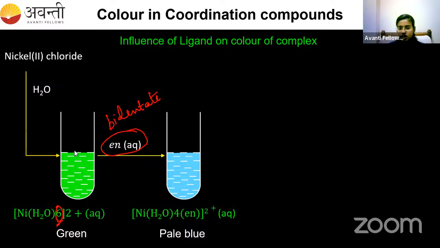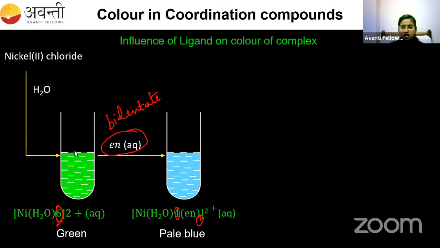So we will get nickel H2O 4 times and ethylene diamine 1 time. Now you see the color has changed from green to pale blue. So if the ligand is changing, color is also changing.